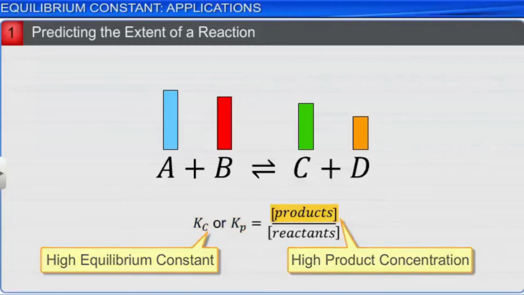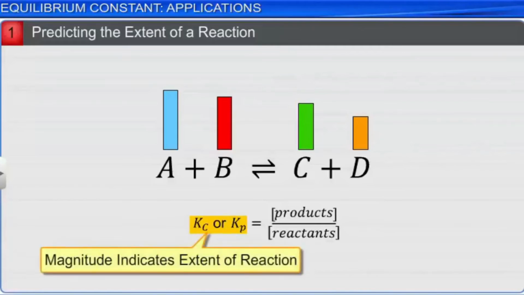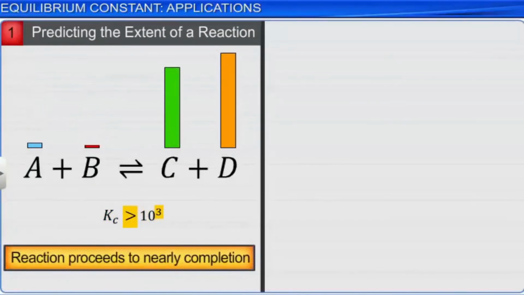The magnitude of the equilibrium constant, Kc or Kp, indicates the extent to which a reaction will proceed. If the numerical value of the equilibrium constant is greater than 10 raised to the power 3, it means that the reaction nearly proceeds to completion and that the equilibrium concentration of the products is large.